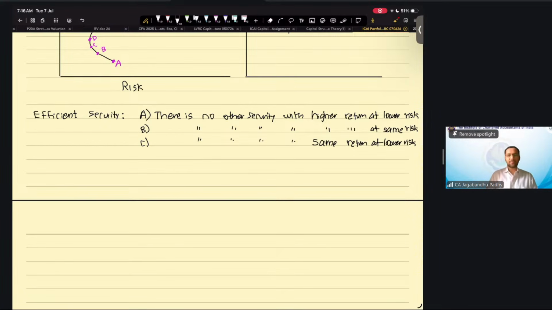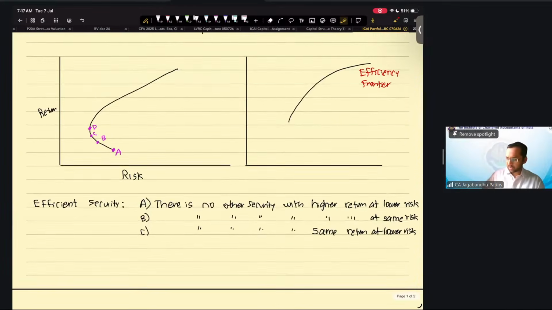These are the efficient securities. If you want to call any security efficient, it needs to fulfill all these conditions, not just any of them. So there should not be any other security which gives a higher return at lower risk, a higher return at the same level of risk, or the same return at a lower level of risk. Here you can find this efficiency frontier is fulfilling all three conditions.